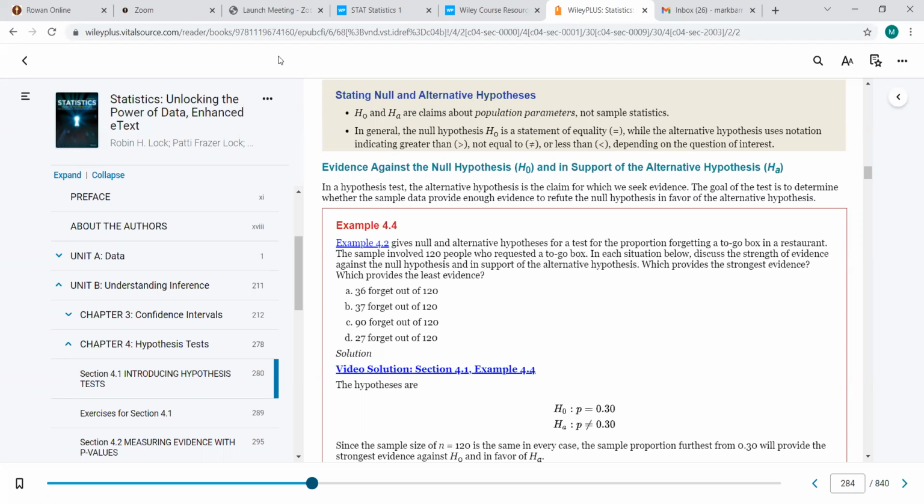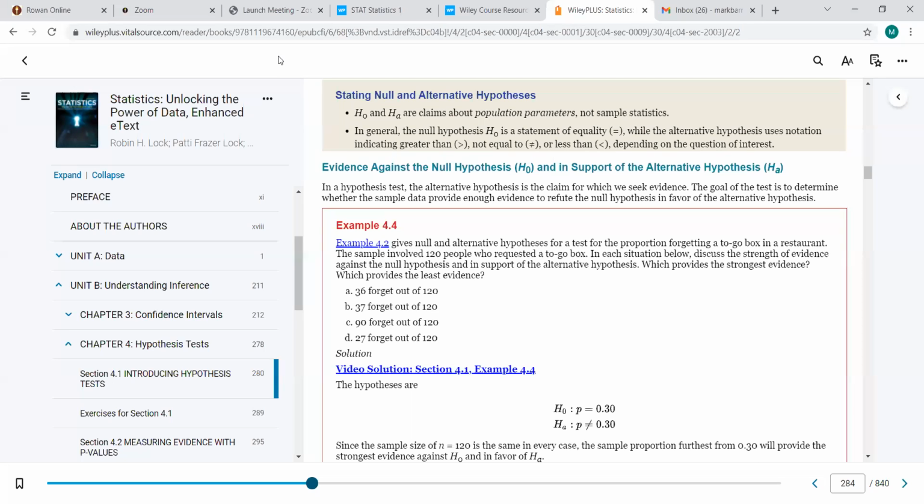Anybody have an idea which one it would be? One of the first two. A, yeah. Because 36 out of 120 is 0.3, isn't it? It's definitely equal to 0.3. So that certainly provides the least amount of evidence, right?